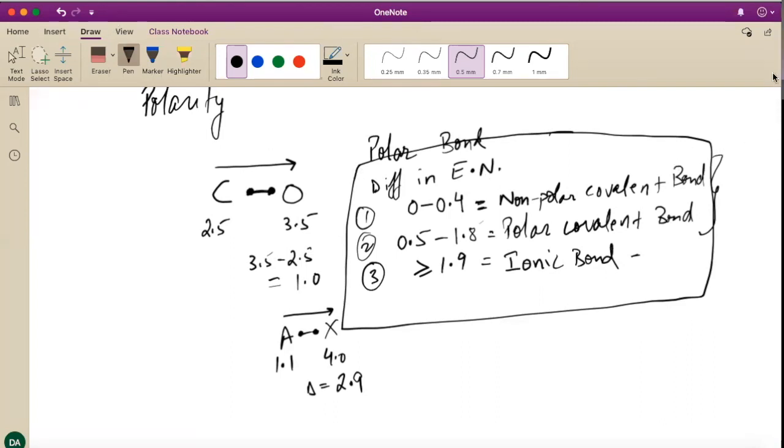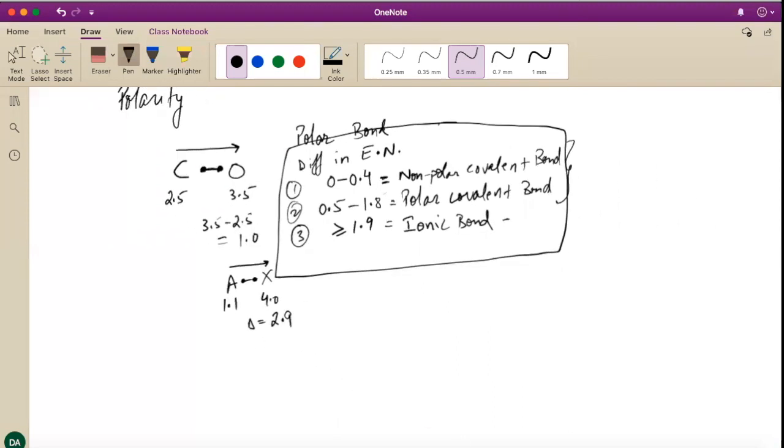All right, guys. Again, any questions so far? So what does polar mean? So polar means when you have two atoms like the C and O, and let me draw this again. So let's say you have C and O. Oxygen is so much stronger than carbon that it's pulling the electron more towards itself. Guys, what is the charge of electrons? Positive or negative? Negative.